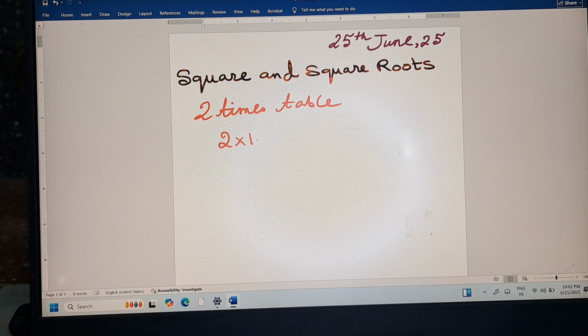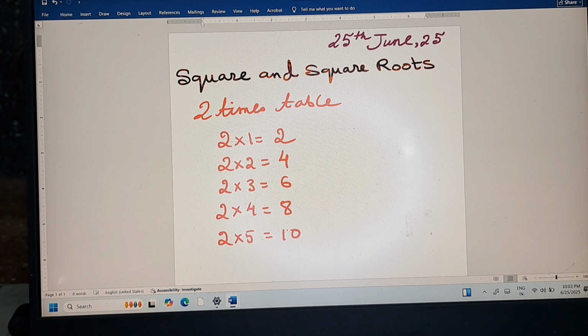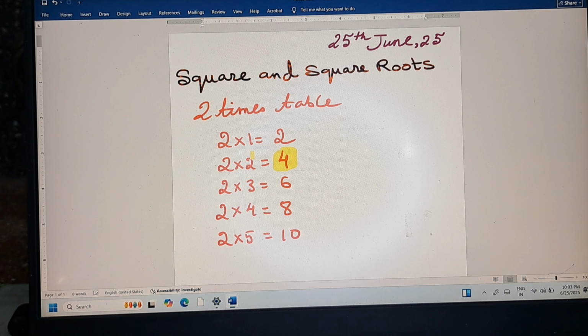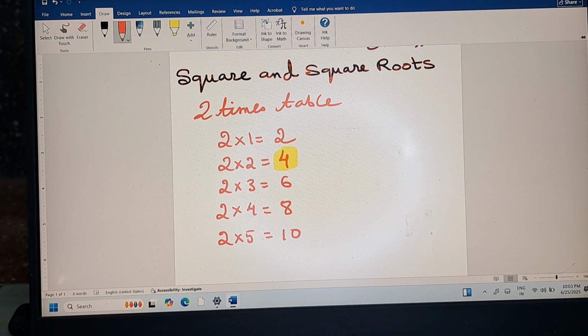2 into 1 equal to 2, 2 into 2 equal to 4, 2 into 3 equal to 6, 2 into 4 equal to 8, and 2 into 5 equal to 10. So here what we can find over here, that is 2 into 2 equal to 4.